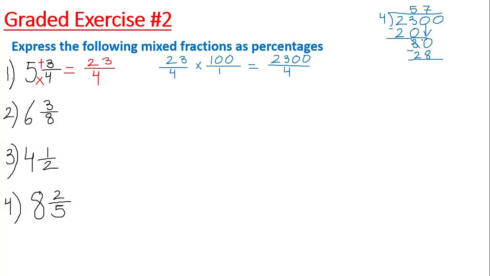Bring down the 0. How many times does 4 go into 20? 5 times. 4 times 5 is 20.